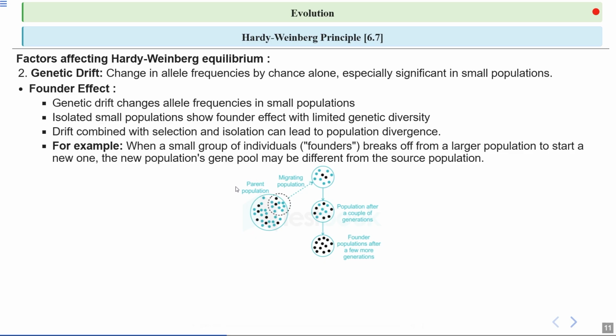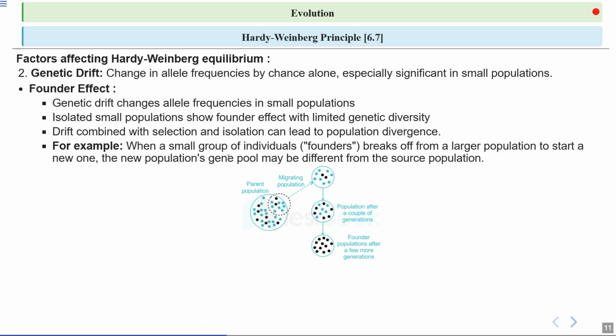Now you can see this new population has different allele frequencies as compared to the parent population, and this is just by chance. So just by chance there can be a change in the allele frequencies, as in the case of founder effect.